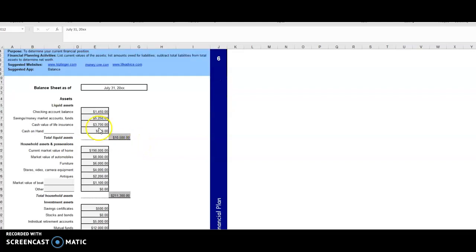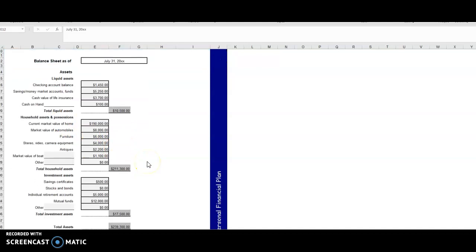For example, liquid assets, which are things that are easily convertible to cash. In our example, we have a checking account balance, we have some money market accounts, maybe some savings of 5250. We have a life insurance policy that has a cash value of 3700. Maybe we have $100 on hand, so our liquid assets are 10,500.